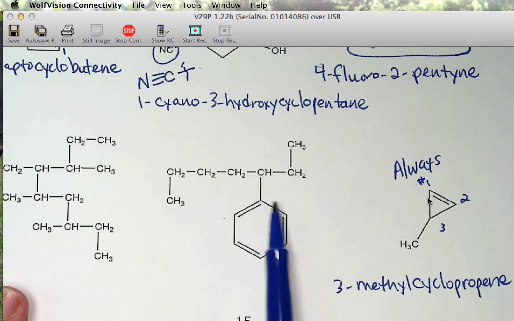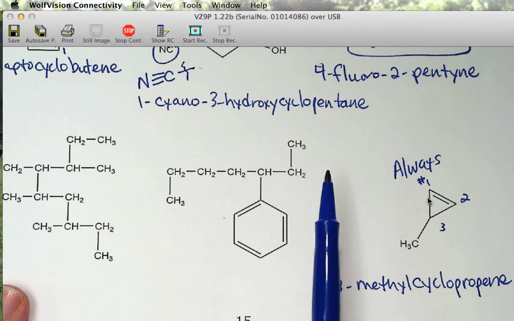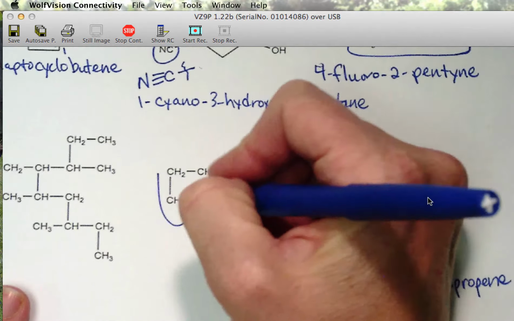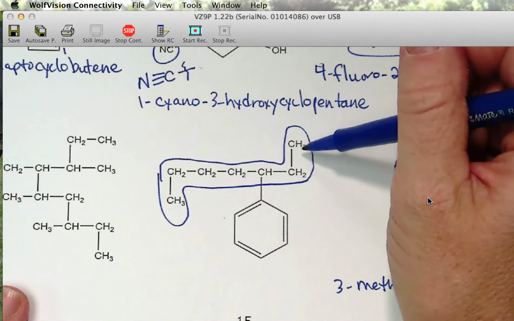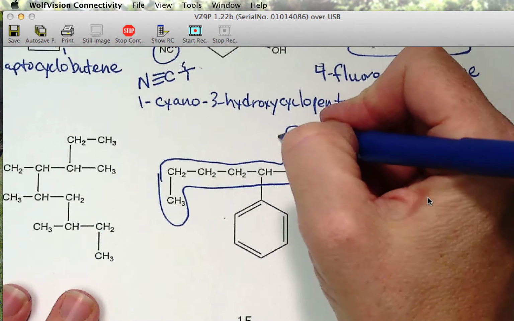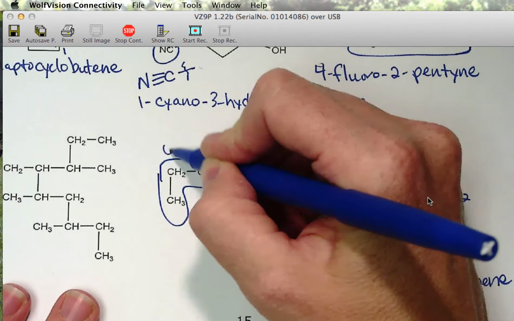You have this ring. When it's hanging off a chain of more than 6 carbons, the chain with more than 6 carbons becomes the parent. So here is the parent. The parent is this one because it has 1, 2, 3, 4, 5, 6, 7.